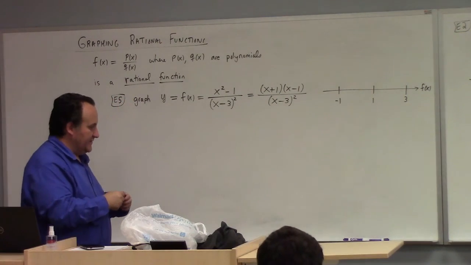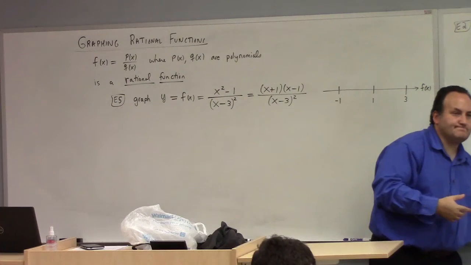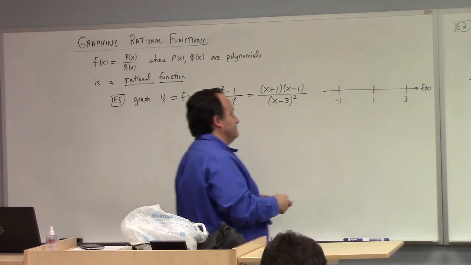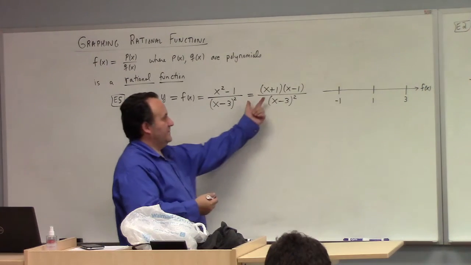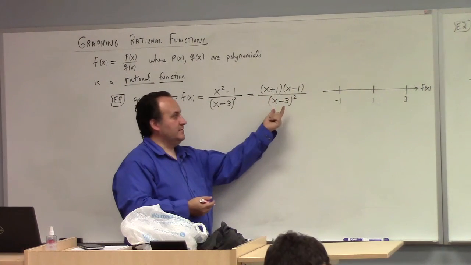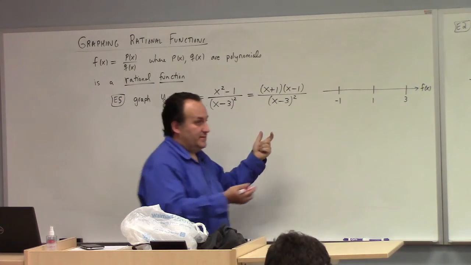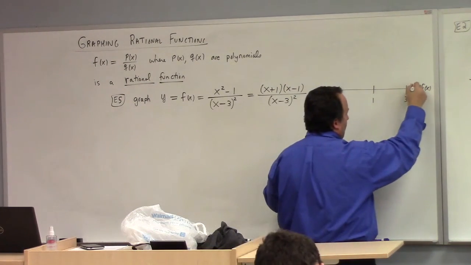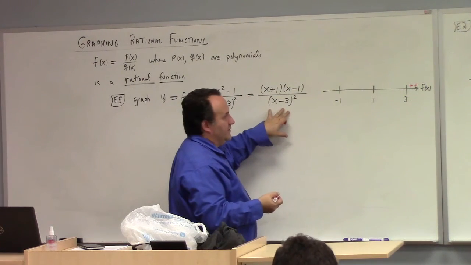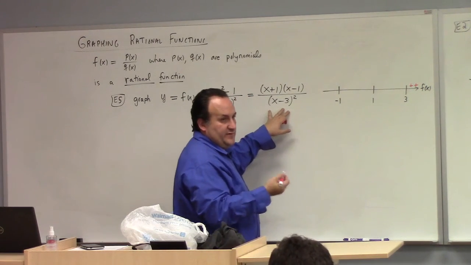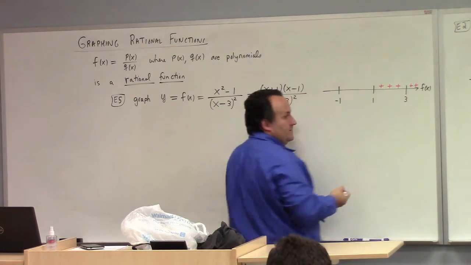And so I make a sign chart. What happens if you plug in like 4? 5, 3, 1 squared. So it's positive, right? So we start out positive here. And then this is a square. So we stay positive. In some sense, we bounce.